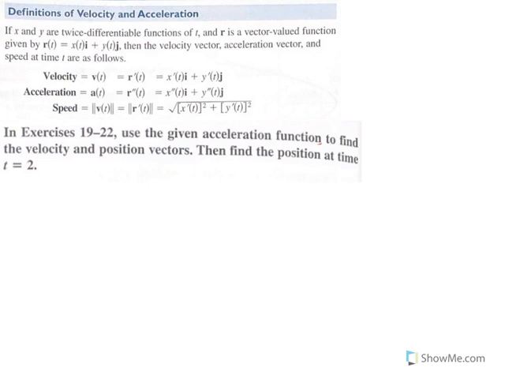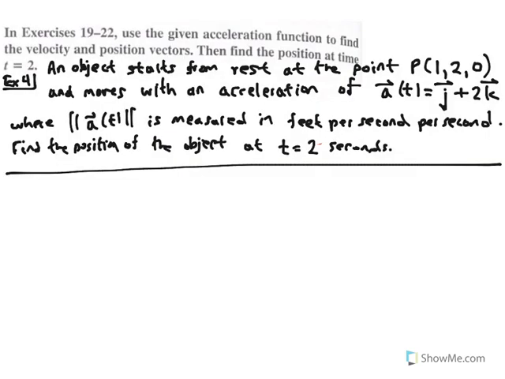And the reason why I still have this here is just to help you understand that since acceleration is the derivative of velocity, velocity is the antiderivative of acceleration, and since velocity is the derivative of position, position is the antiderivative of velocity. This is the problem that we will conclude our lesson with.